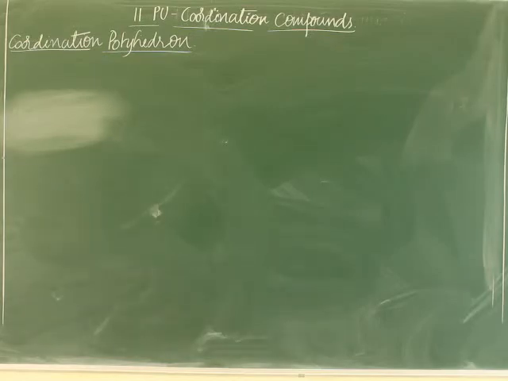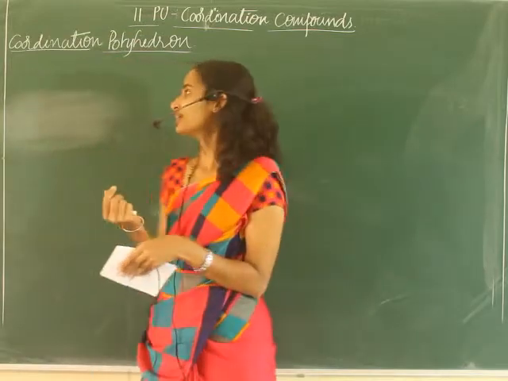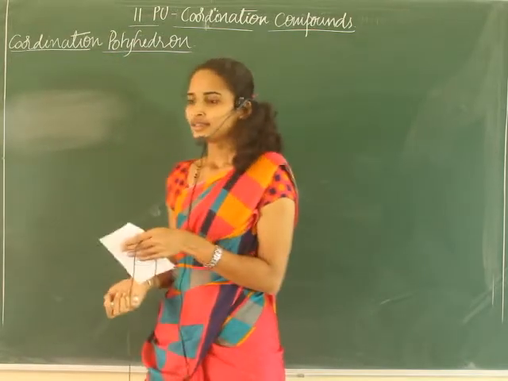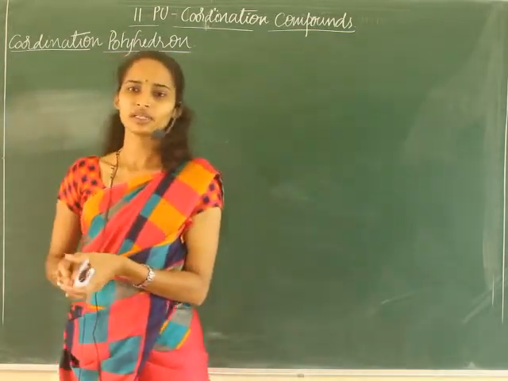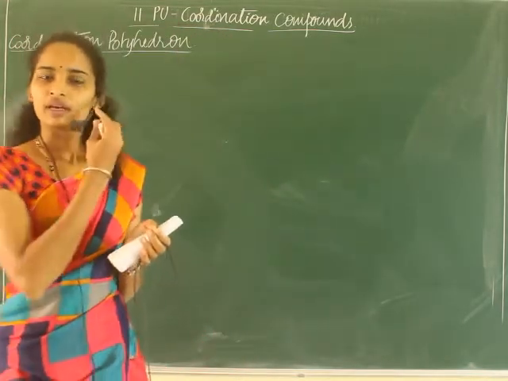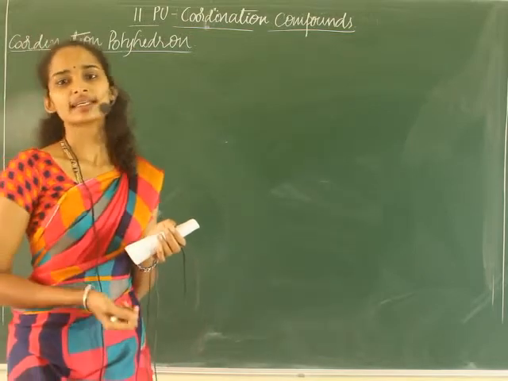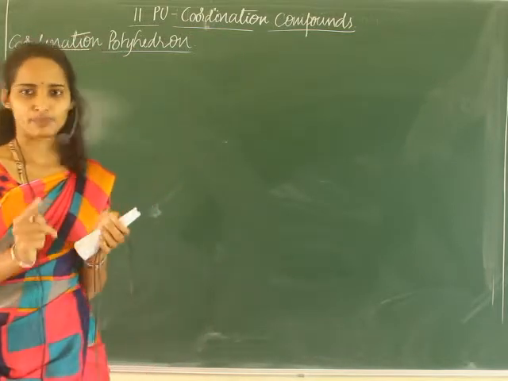Hello everyone. In the last class we were discussing coordination polyhedron. The coordination polyhedron is nothing but the spatial arrangement of ligands which are directly attached to the central metal atom in space, right?